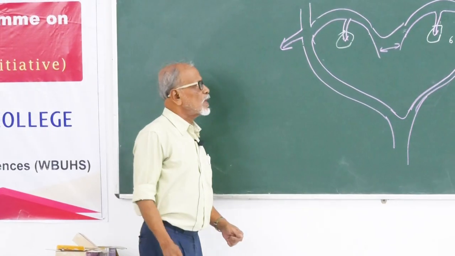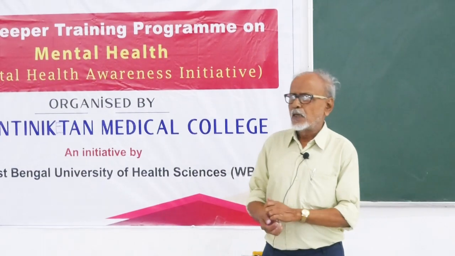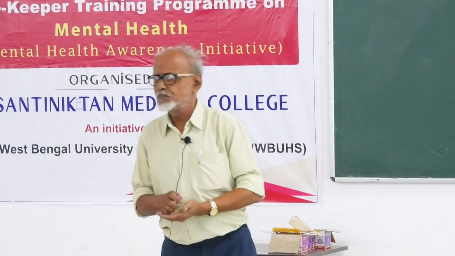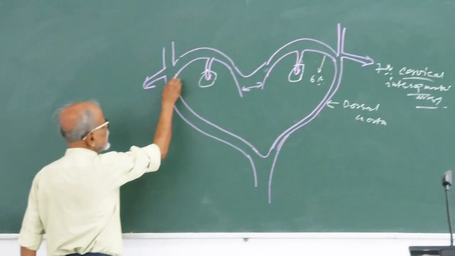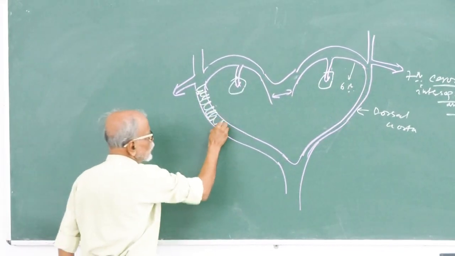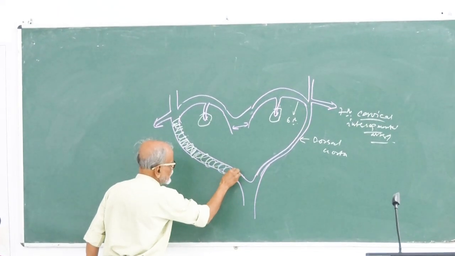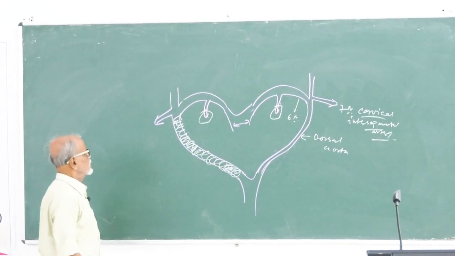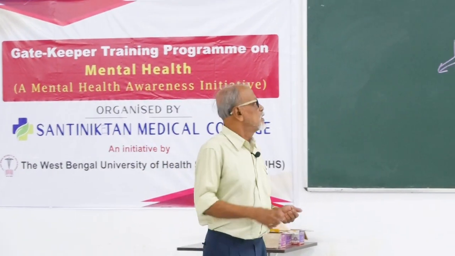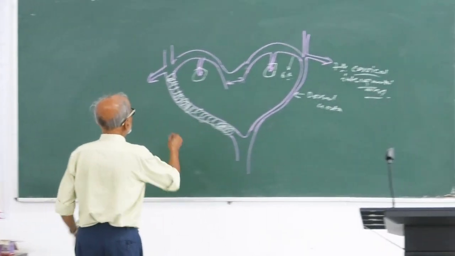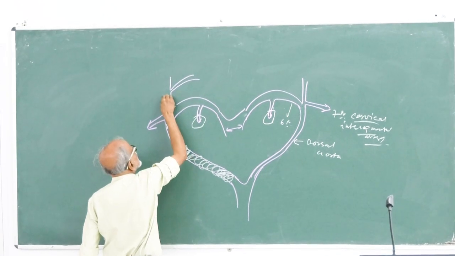Now, in the postbranchial phase of development, we have already seen that the right dorsal aorta undergoes obliteration. The right dorsal aorta from here undergoes obliteration. Immediately above the sixth arch artery lies the fourth arch artery, like this.